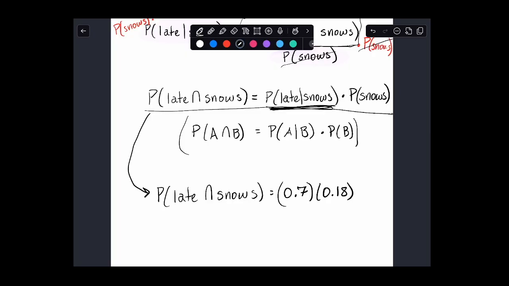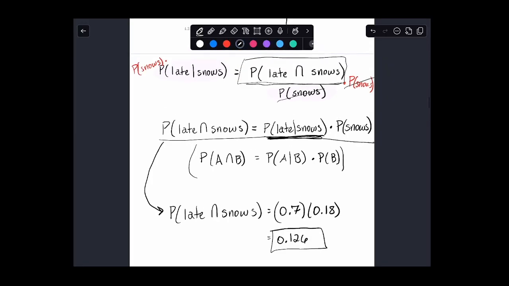So if we plug those into Excel or a calculator and multiply these two things together, we'll get that this is 0.126. And so this probability of the intersection is about 12.6%. Okay, great. So this was part A. We found the probability that it's late and snows.